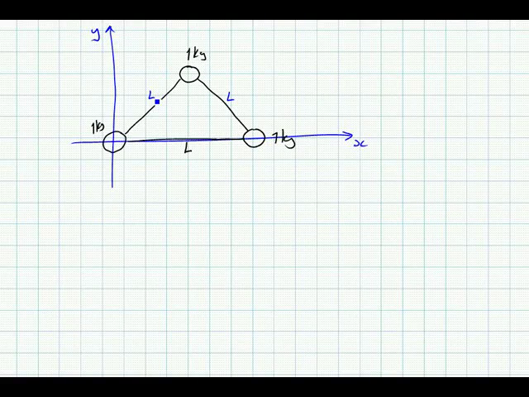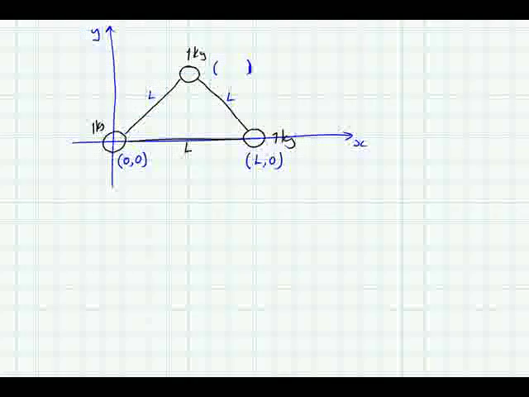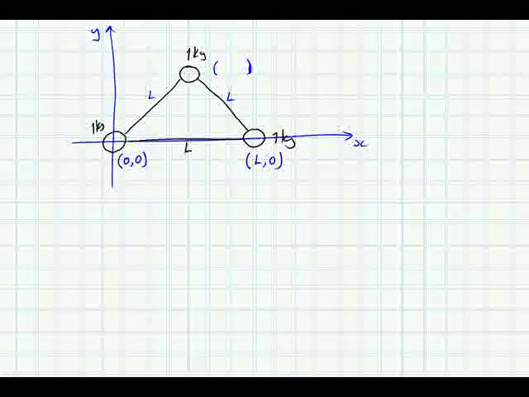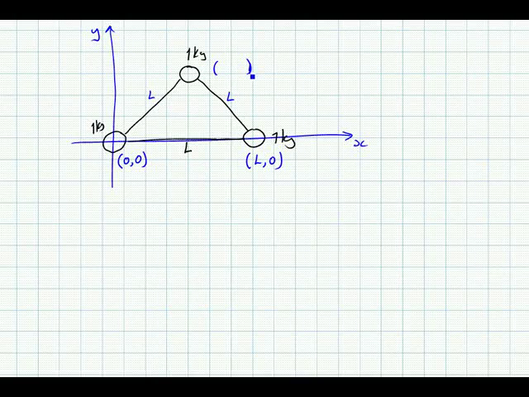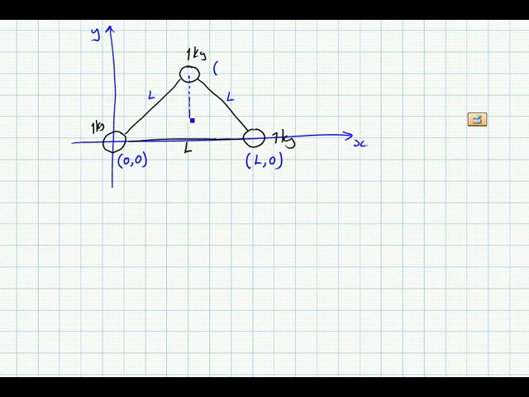then let's go ahead and write the coordinates for each mass. So I have 0, 0 here, we have L, 0 there, and this fella right there, well, let's think about that a little bit. We have an equilateral triangle, so we are interested in finding this height right there.